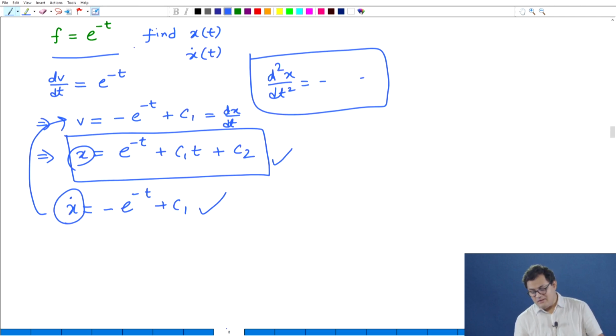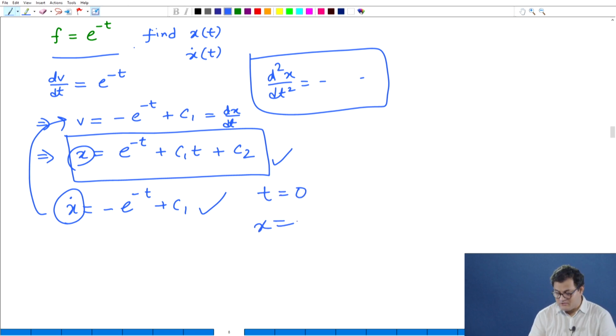And then you can actually see that if I tell you now that at t is equal to 0, x is equal to 0 and v is equal to minus 1, then immediately you can say at t is equal to 0, this is 1 and this is 0. So, x is also given 0.